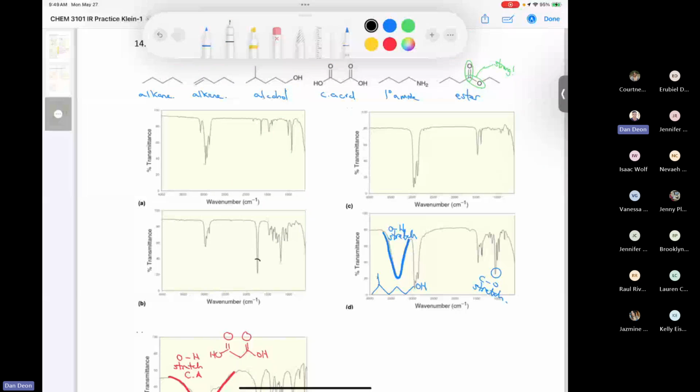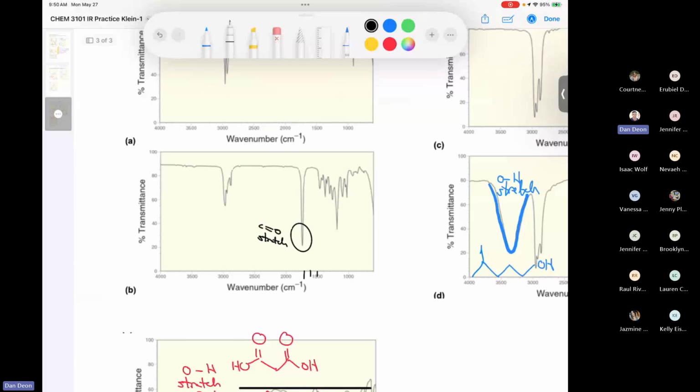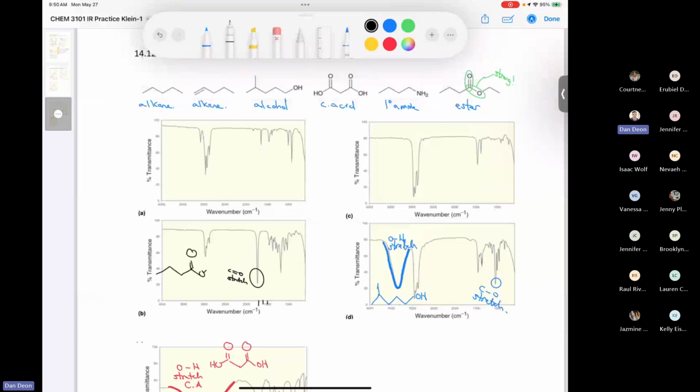If this is 15, 16, 17, yeah, that looks like about 1735. So this must be the carbonyl stretch, and it's an ester. We'll write the structure of the ester, which is this here. This compound is called ethyl butanoate. The name's neither here nor there, but you see how this carbon-oxygen stretch is strong. So this would be the CO stretch.